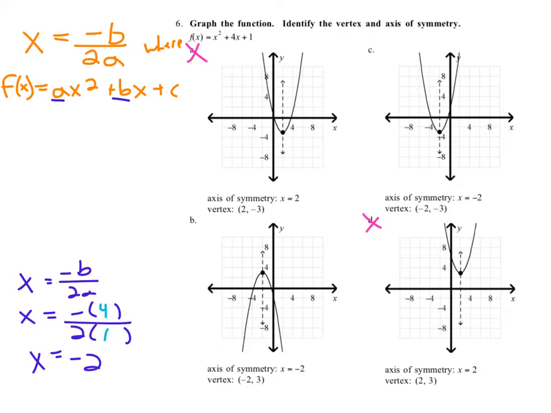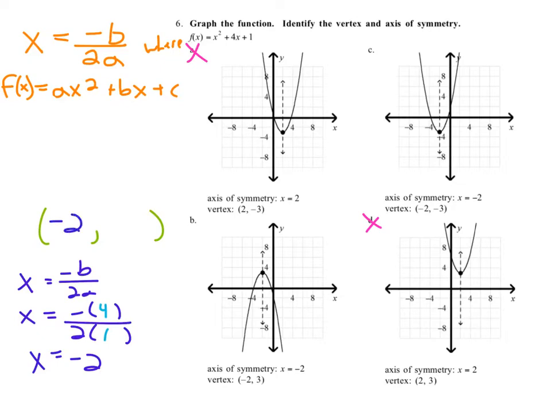Okay. Now, what's the vertex point? The vertex point is a point, right? It's going to have a set of coordinates, where whatever you got for the axis of symmetry, x equals negative 2, that's what the x coordinate is going to be.